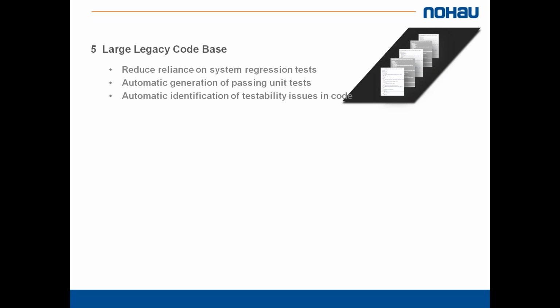So with Cantata, you have the possibility to automatically generate test cases for your old code. Those test cases are not what I would call smart test cases, because they don't test the functionality to your requirements. It only generates test cases to reach a certain level of code coverage.